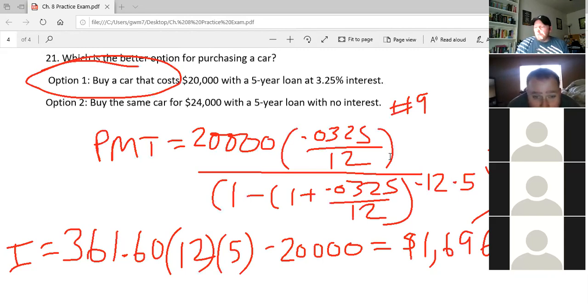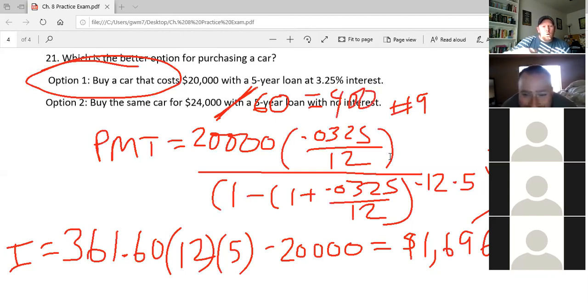And if the monthly payment were calculated for option 2, you would have $24,000 broken up across the 5 years. 5 years times 12 months is 60 months. So if we divide the 24,000 by 60 months, it gets us $400 monthly.